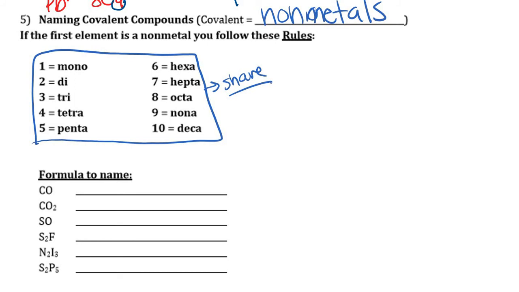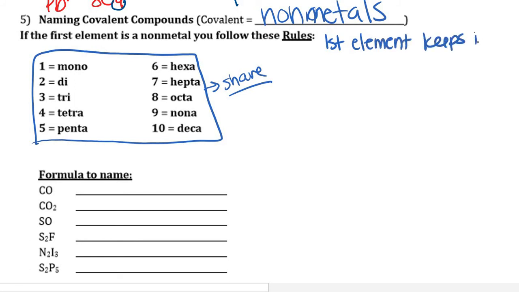The first rule is that the first element keeps its name, just like before. So again, in all naming systems, the first element keeps its name. However, for the first element we can also add prefixes. The only prefix we cannot add is mono.